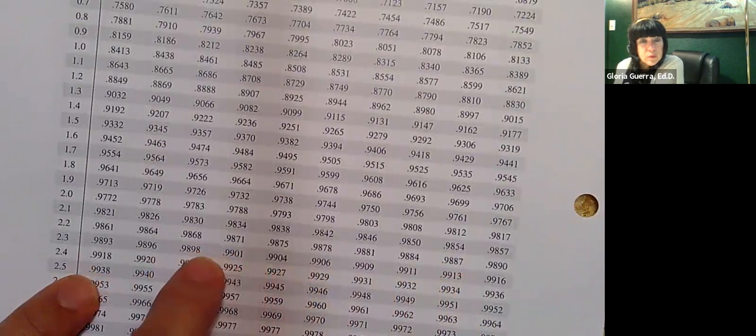Wouldn't it look like it would be between these two? 0.99 would probably be between 0.9901 and 0.9898.